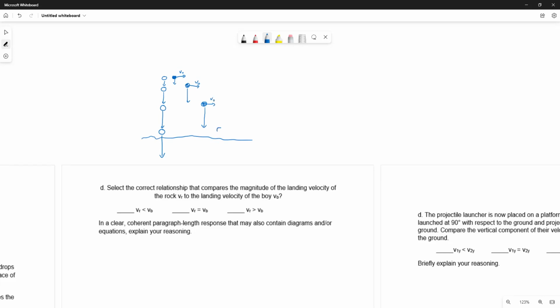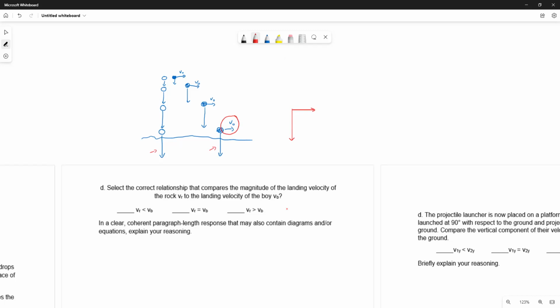Right, so by the time he's about to hit the water, his velocity in the y direction is the same as the rock's, but there's also the added component in the x direction for the boy, right? So the velocity for the rock is entirely the vertical velocity. The boy has the same vertical velocity, but he has an added velocity in the x direction. And velocities, because they're vectors, can be added in different directions.